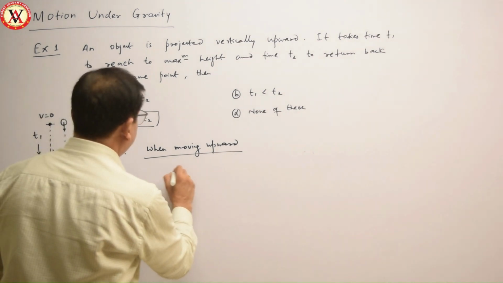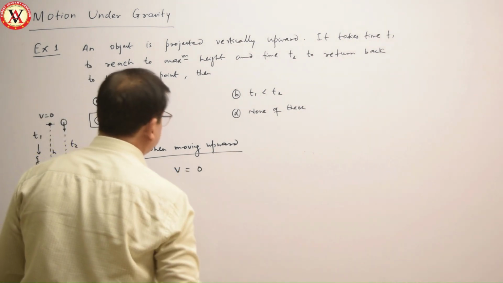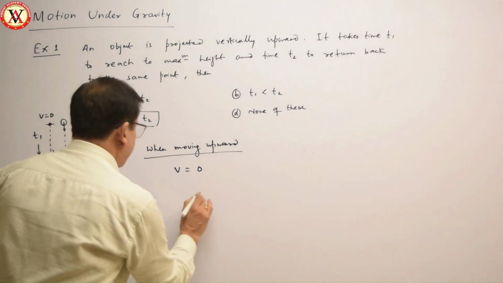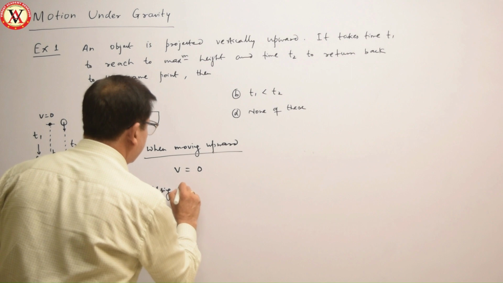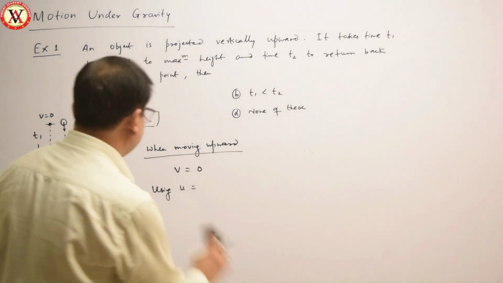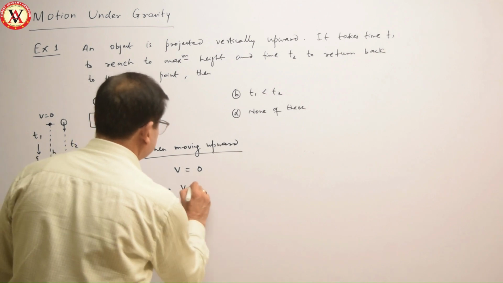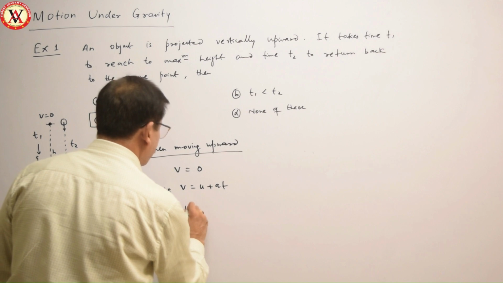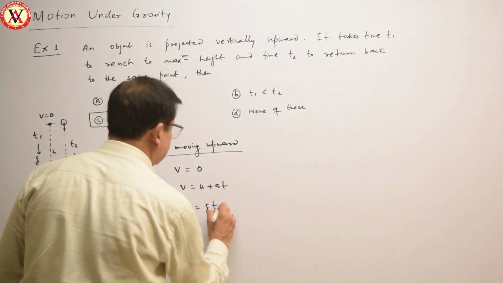That means at maximum height v is 0. So if you write v equal to u plus at, you get u equal to g t1.